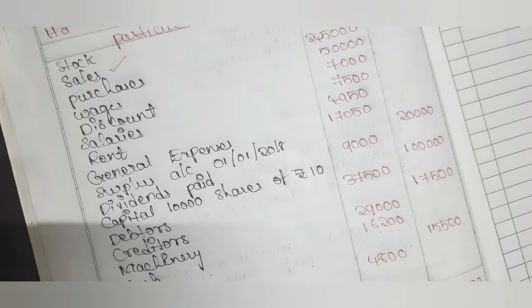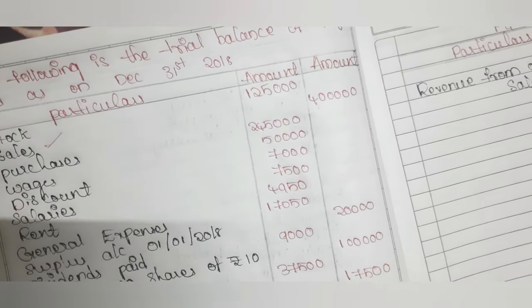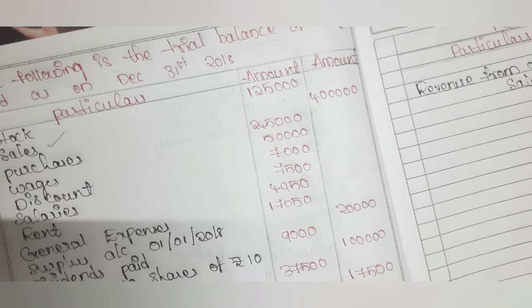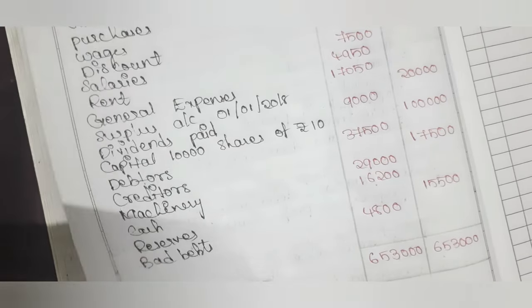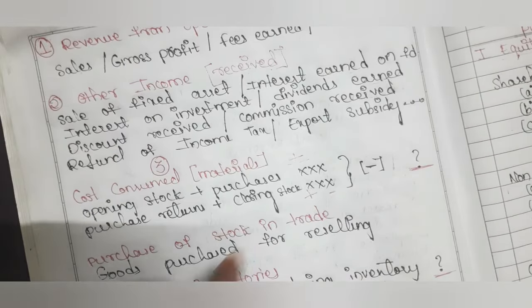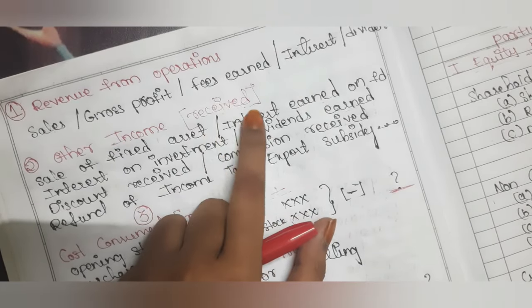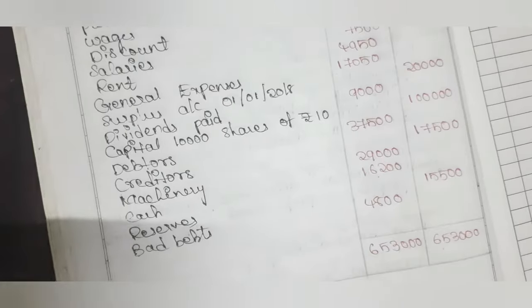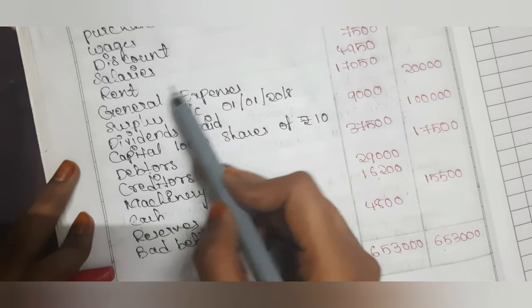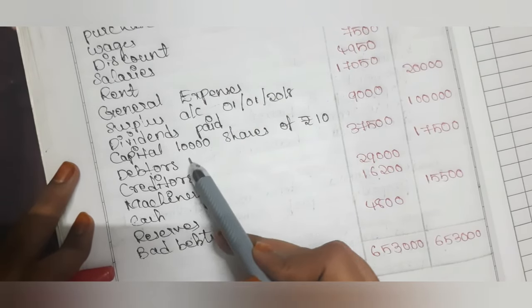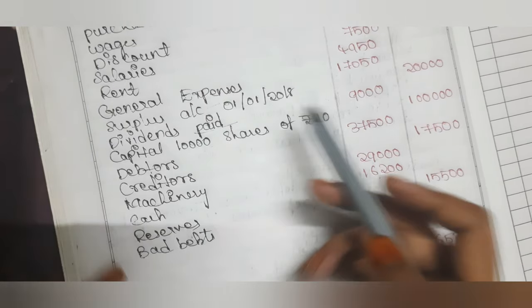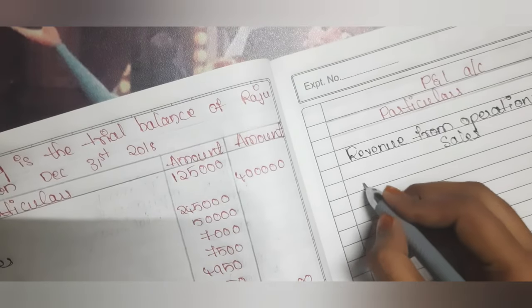Now after revenue from operations, what we have is other income, right? Do we have any other income here? In other income, we need to take care of amounts received. Do we have any received here? No, we don't have any received, we have paid. So other income is nothing.